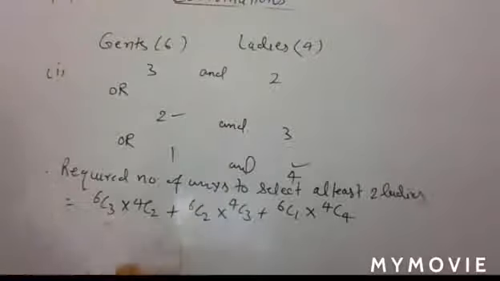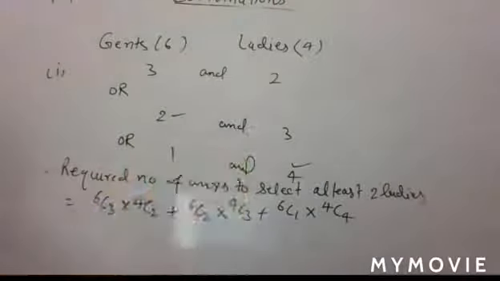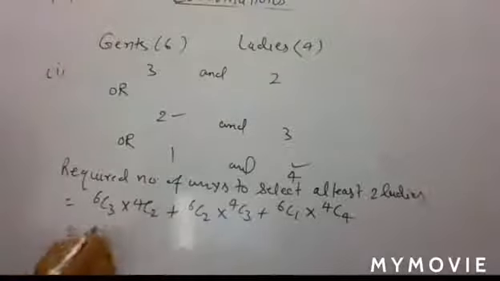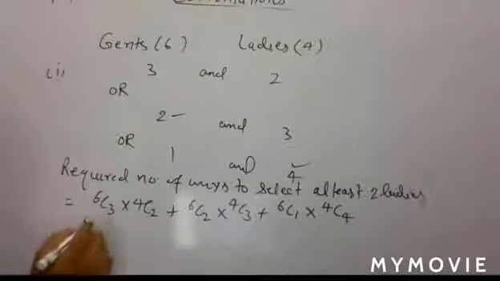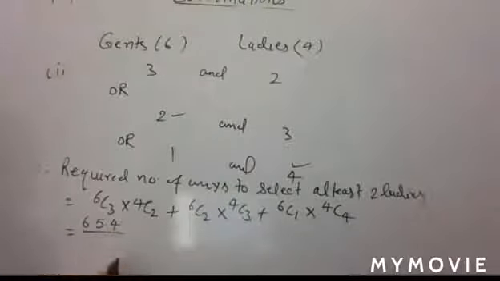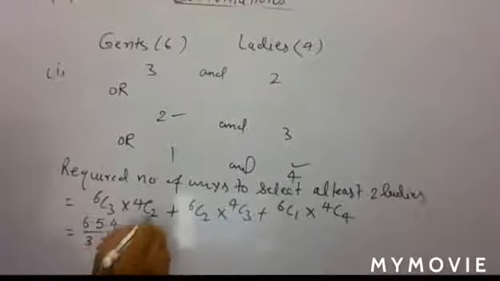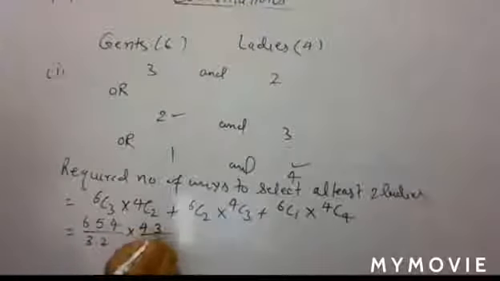And in the examination you can express all these things in the similar way. Simplifying: 6C3 is 6 into 5 into 4 divided by 3 factorial, and 3 factorial means 3 into 2. 4C2 is 4 into 3 by 2 factorial.